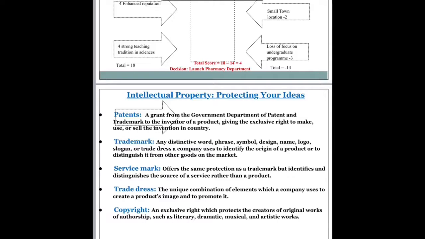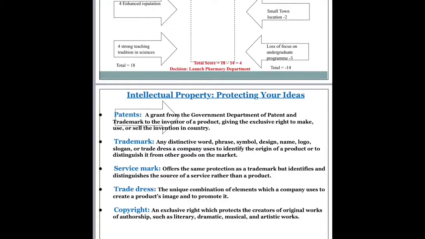Similarly, the uniforms used by different organizations are also trade dress. For example, PIA pilots wear a uniform clearly saying PIA, distinct from the pilots of other organizations. Then we talk about copyright.